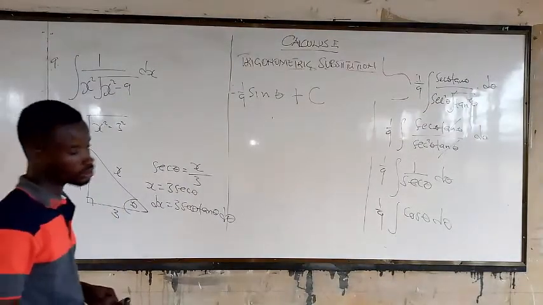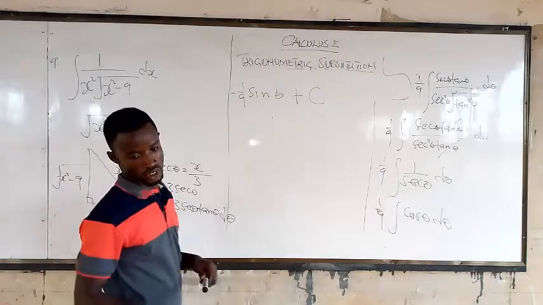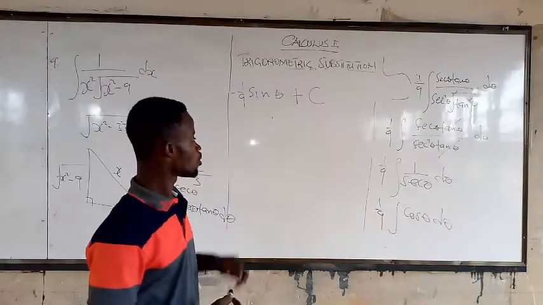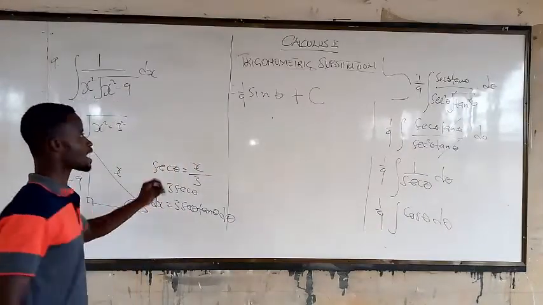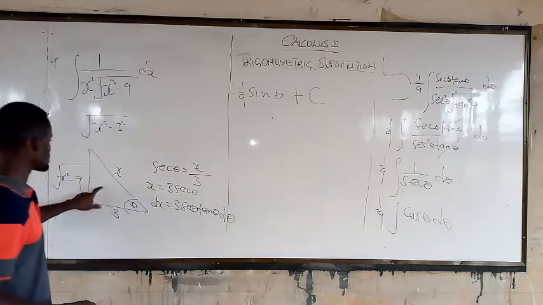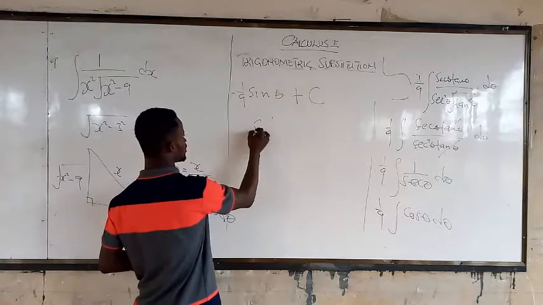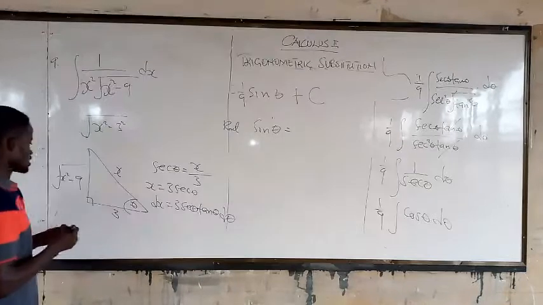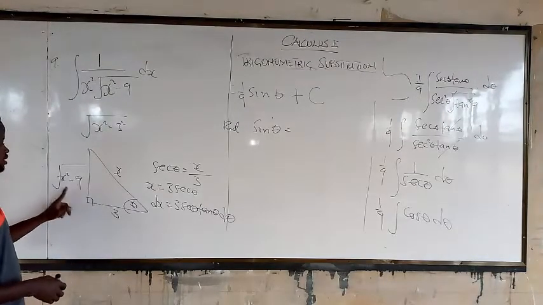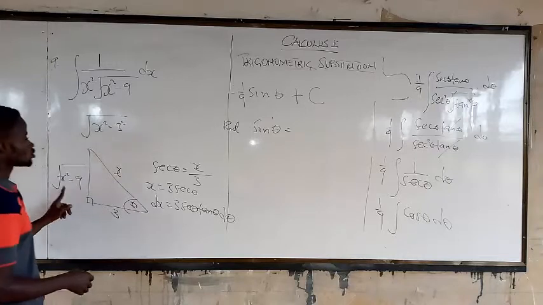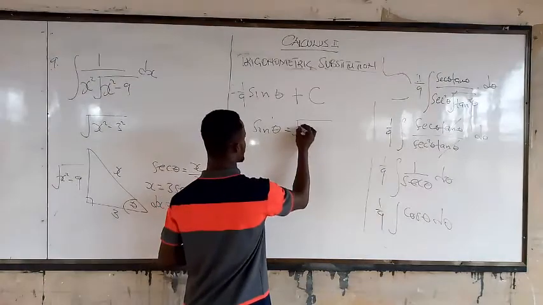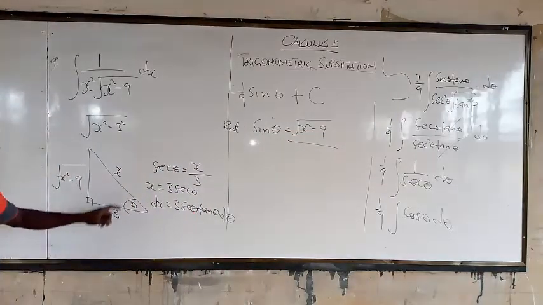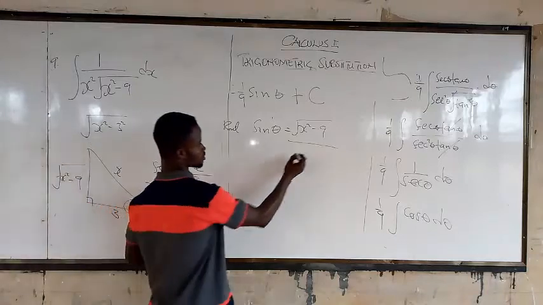Alright, so from here we need to bring back our x's. From a triangle, sine theta will be equal to opposite over the hypotenuse. So the opposite is the square root of s squared minus 9 over the hypotenuse, and that is s.